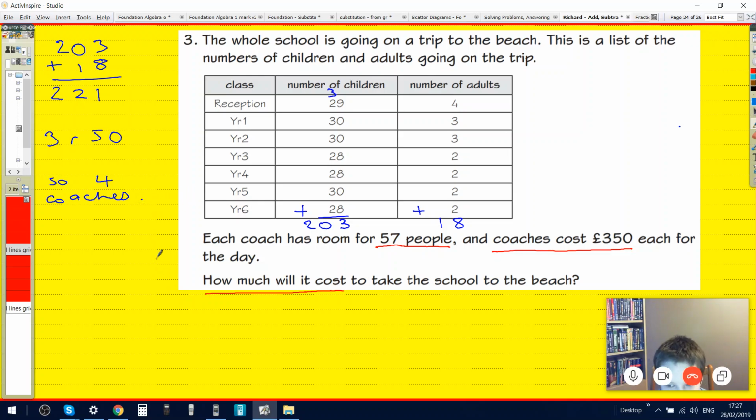Well, now that's all out of the way, we now need to work out 350 times 4. And then that will give us the answer to the main question, which is how much will it cost to take the stool to the beach. So I'll do this on paper.